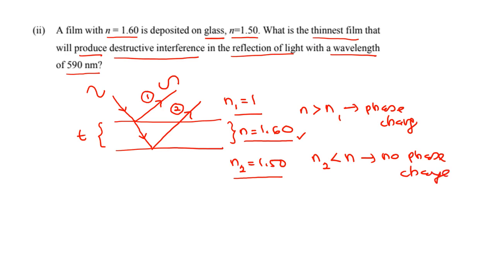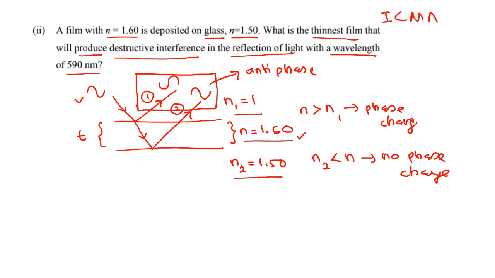So the shape of the wave for this one is the same as for incident light. So now we compare these two reflected lights. It is found that they are in anti-phase.